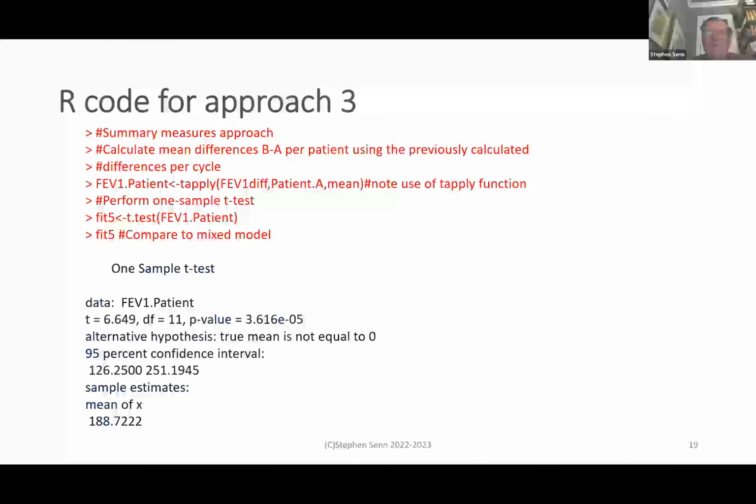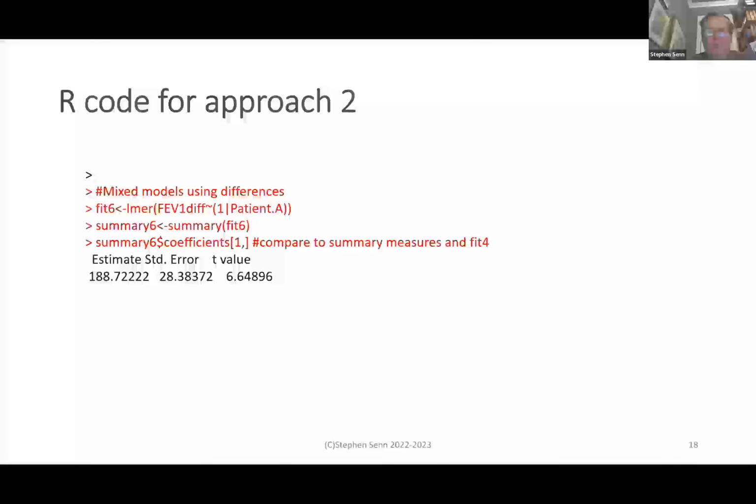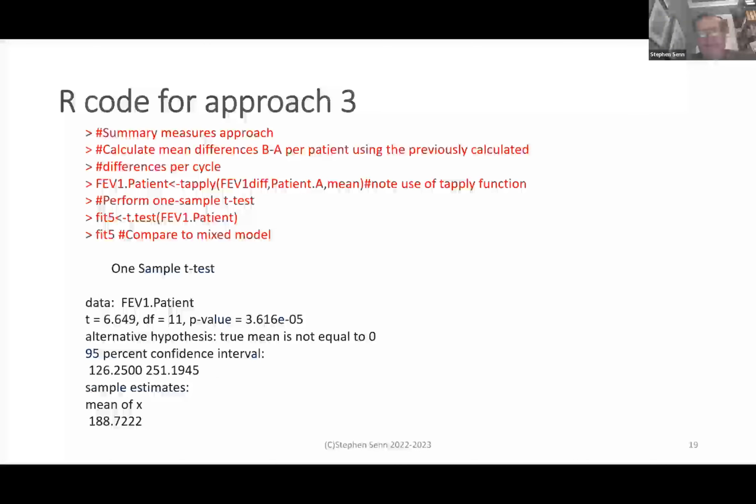Approach number 3, this is the summary measures approach just for reference. What I previously did in GenStat, I'm doing here in R. And that gives us 6.64, so we get essentially the same t-value that we had before.